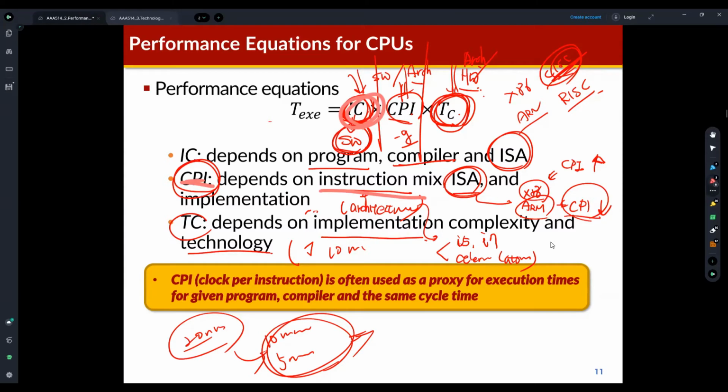If we use a very high-end CPU such as the Xeon or an Intel Core architecture like i7 or i5, then we can find that the CPI of this processor is low. It's because CPI is the clock per instruction.